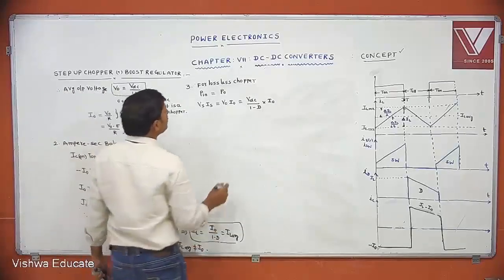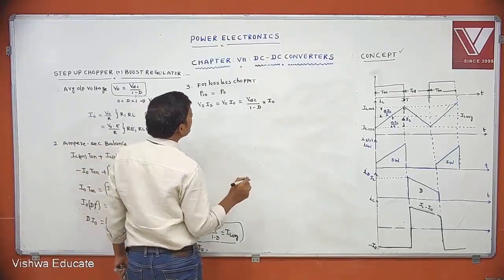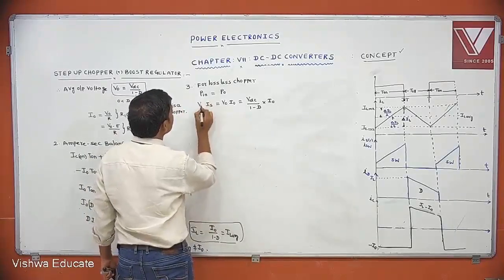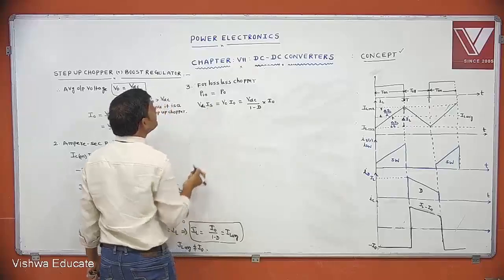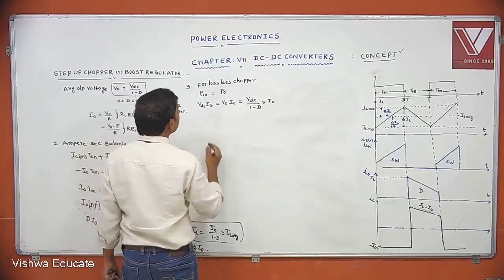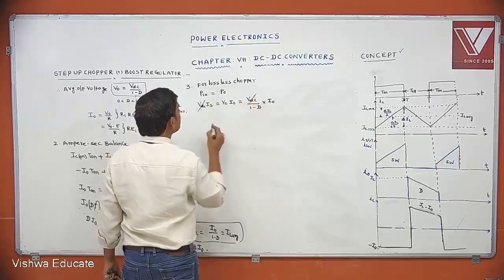Then VDC by 1 minus D into I naught. VS is nothing but VDC. VDC into IS, then VDC cancels. What is IS?